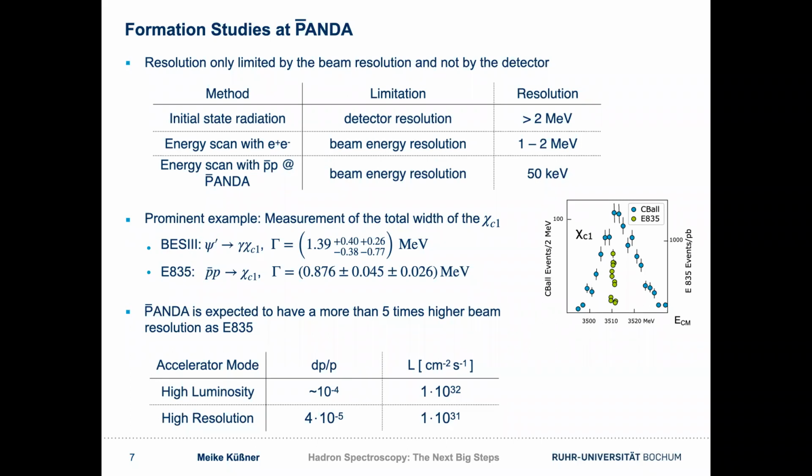And PANDA is expected to have 5 times higher beam resolution compared to E835. There will be 2 different modes of the accelerator. One is the high luminosity mode, and there will be a high resolution mode, for higher resolution, of course.